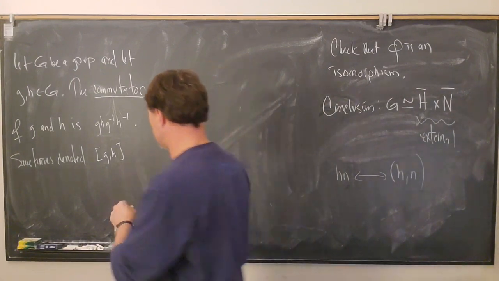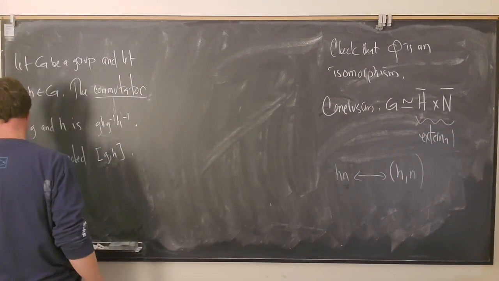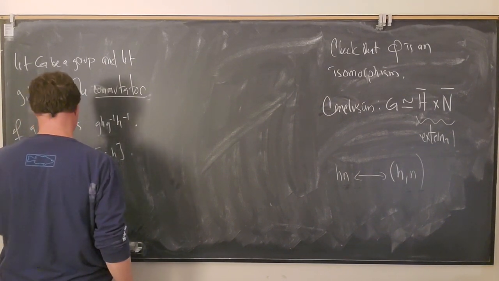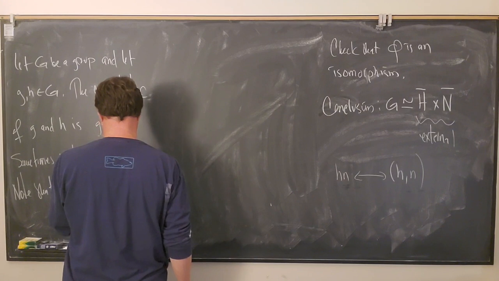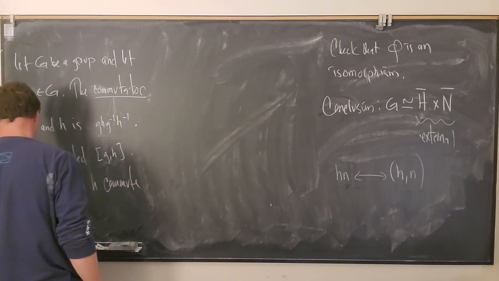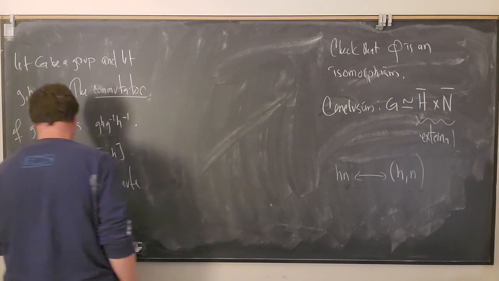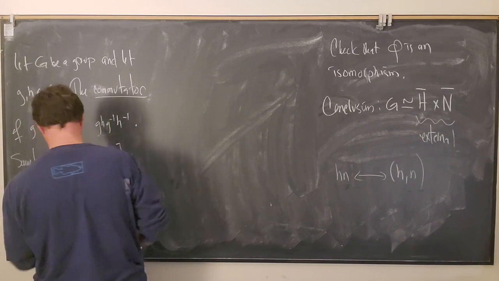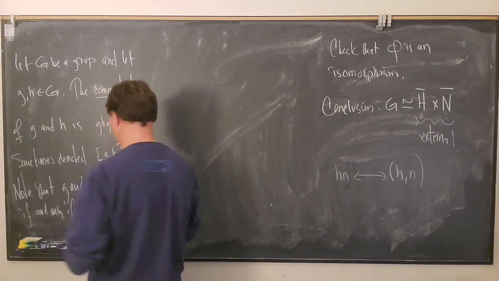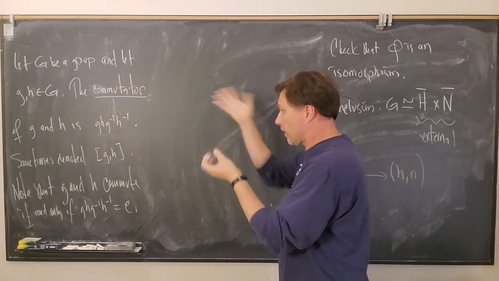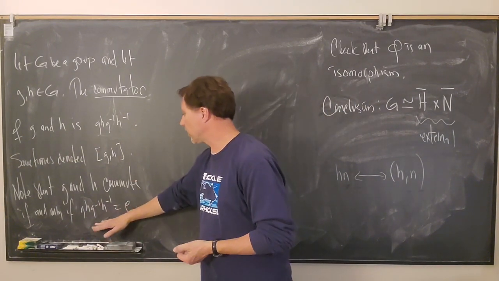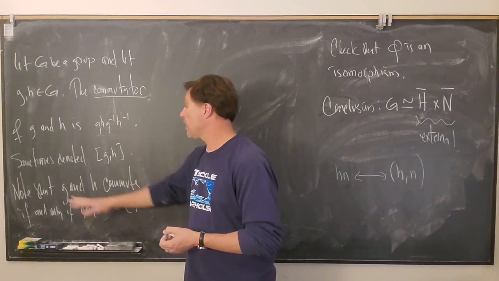And one thing to notice, so let's say note that g and h commute if and only if their commutator, so g h g inverse h inverse, equals the identity, right? So the commutator, that word comes from this fact, that the commutator is trivial if and only if, or it's equivalent to saying that g and h commute.